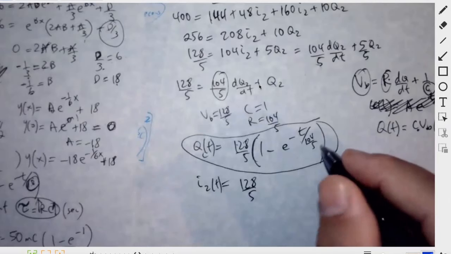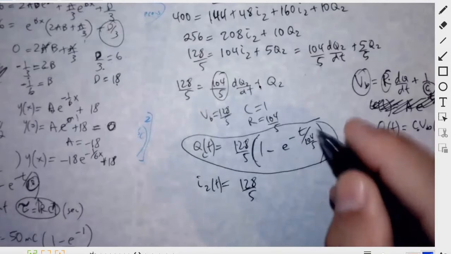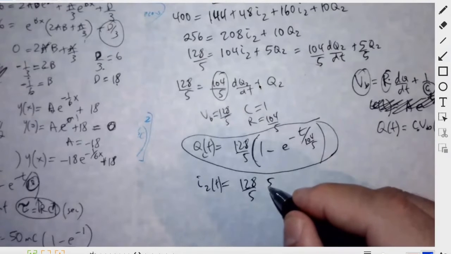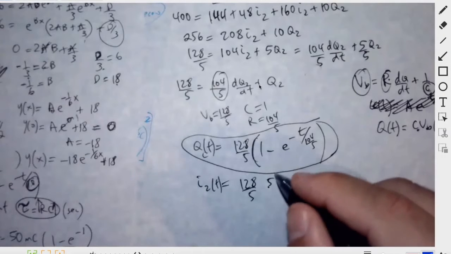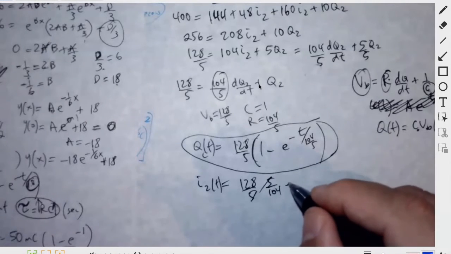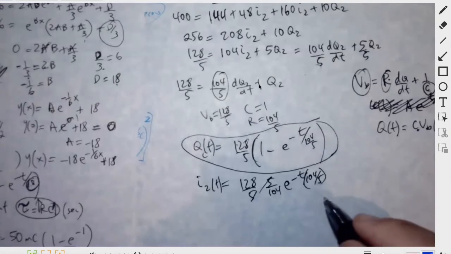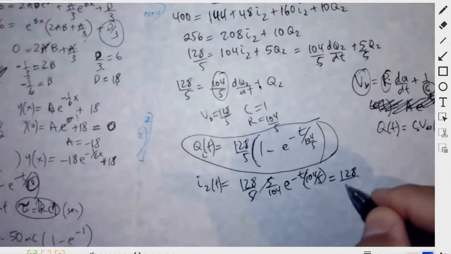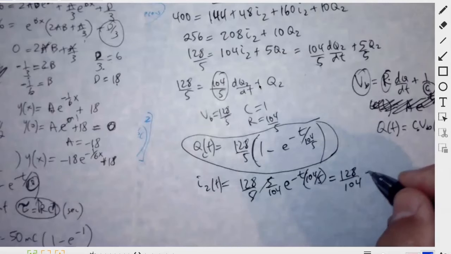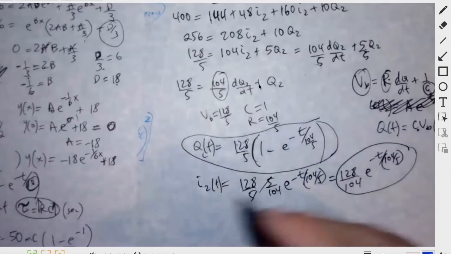The 5 can go over there, so when I take the derivative, 5 over 104 comes out. So it's going to be 128 over 104 e to the minus t over 104 over 5. That's going to be the current I2.